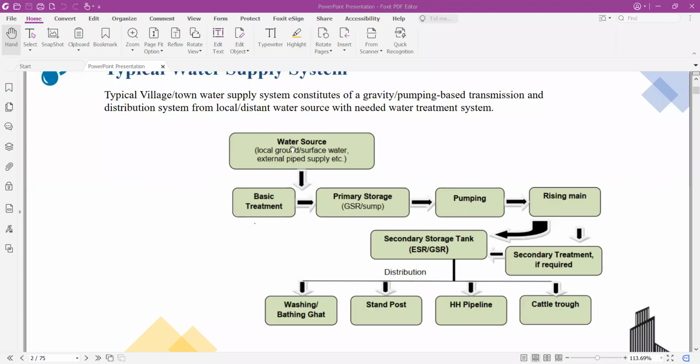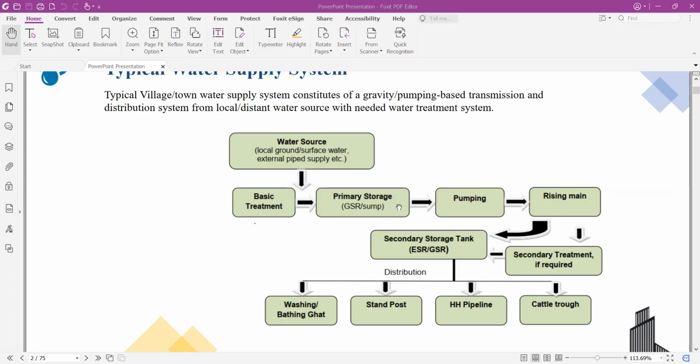If it is not viable, then we provide some basic treatment, such as coagulation, sedimentation, filtration, and disinfection. Depending upon the quality of a water source, we may provide different types of treatment to that water. After treatment of that water, we then store it in some storage. It may be a ground surface reservoir or it may be a sump.